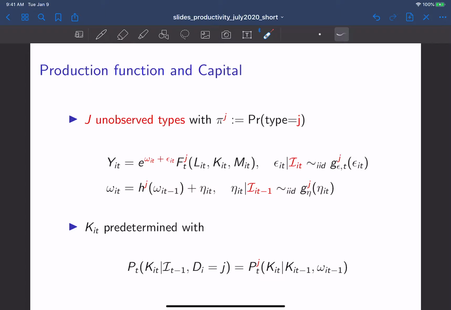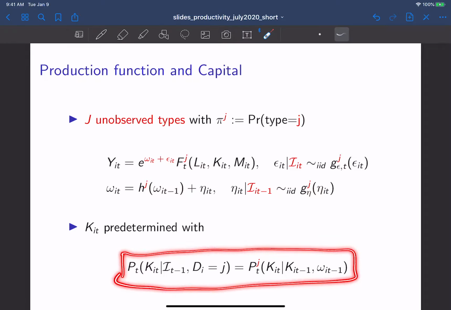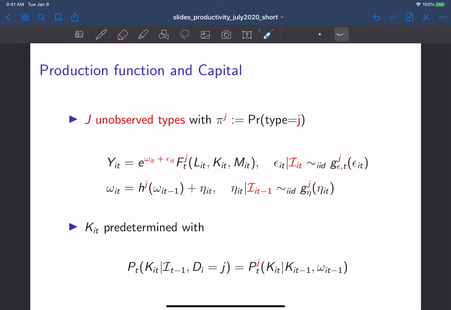So we are potentially thinking about a time varying production function over j. And then we're going to think about the autoregressive process potentially, but here it's a little more general, just a first order Markov process. Importantly, capital is going to follow a Markov process conditional on the previous capital and the productivity, which is typically implied by the models macroeconomists write for the investment decision.